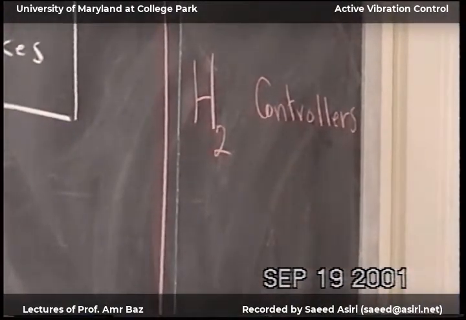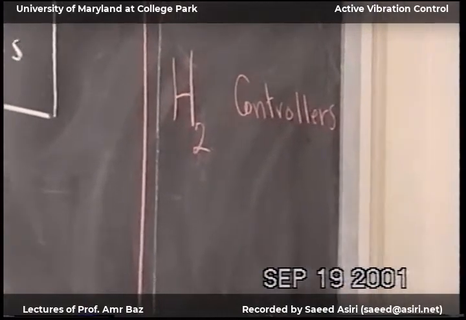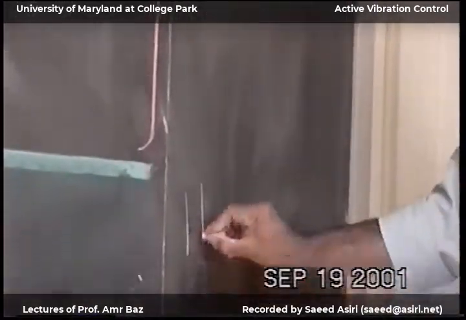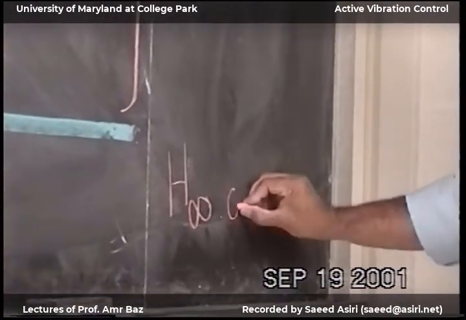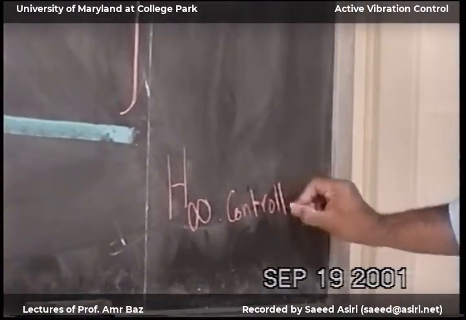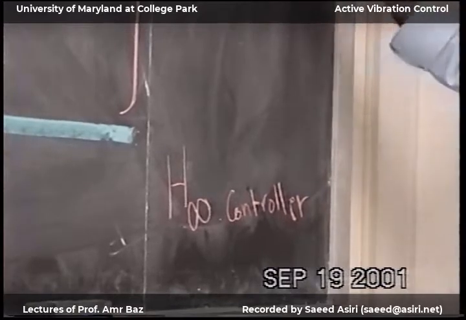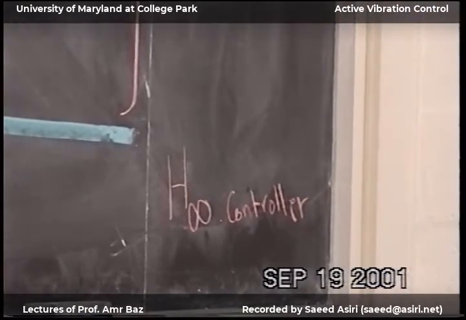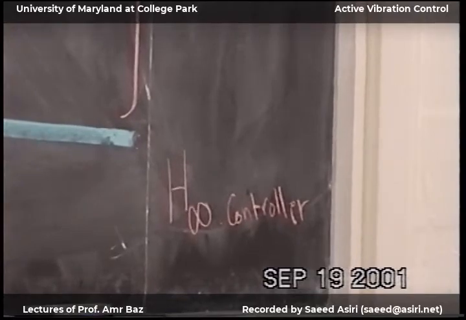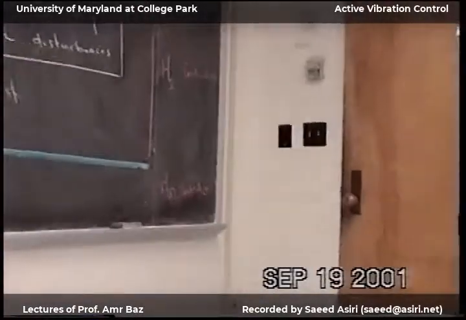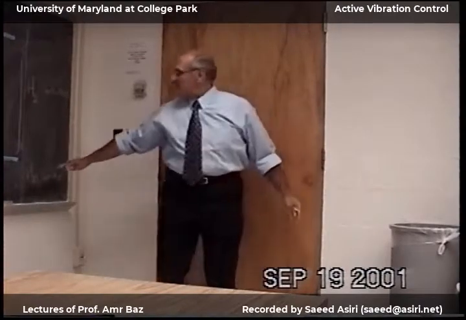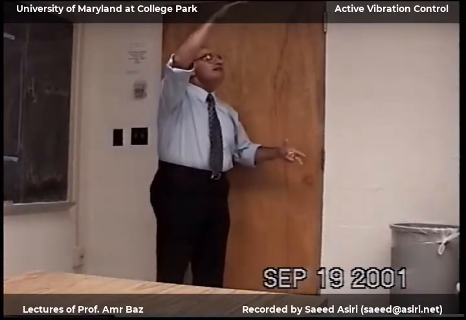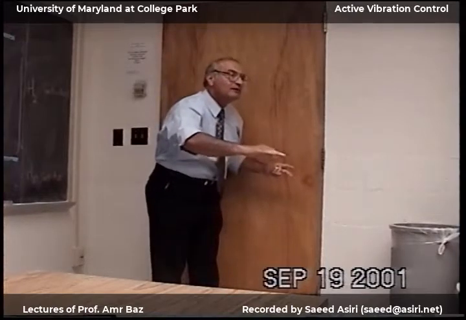And then the last one that we will discuss is a different class, and it's called H infinity controller. Here we try to look at the entire spectrum and make everything low. Like we look at the area under a certain curve and we try to make it low. Here we only look at the very high peaks and try to make them low.